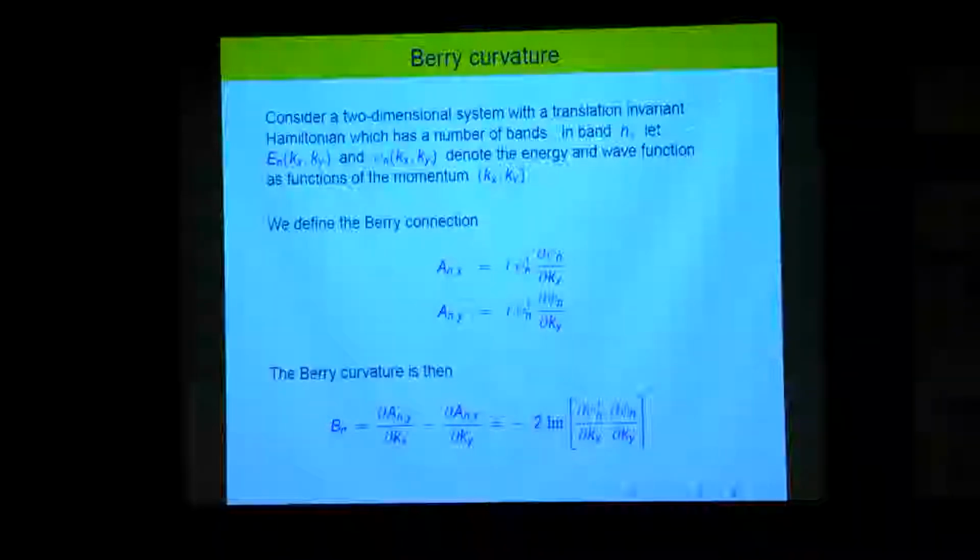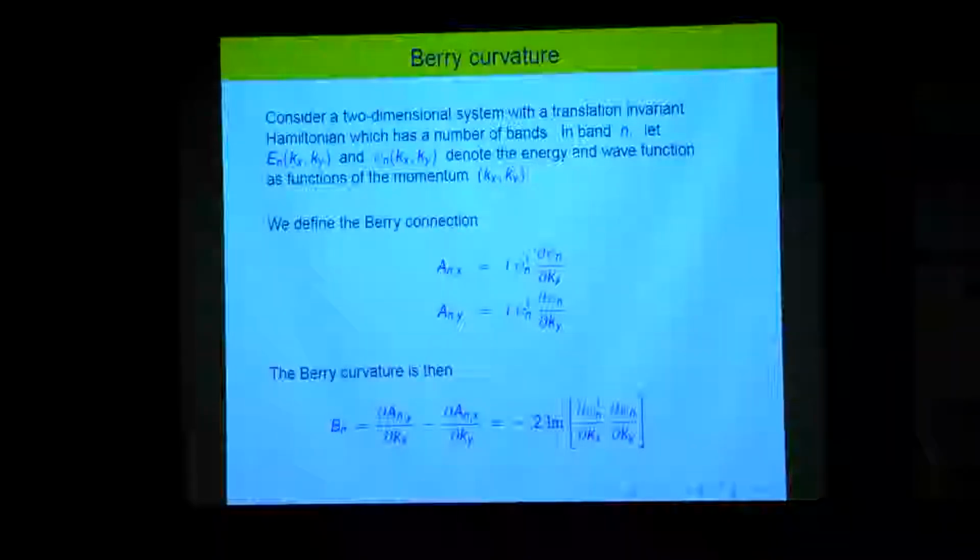In one particular band n, let's say that E_n and psi_n are the energy and wave function, and they are functions of the momentum k_x and k_y, because it's 2-dimensional. Given these wave functions, you can define these objects, say i psi_n^† ∂psi_n/∂k_x, let's call that A_x, and i psi_n^† ∂psi_n/∂k_y, call it A_y. This n is just the band index, it just goes along.